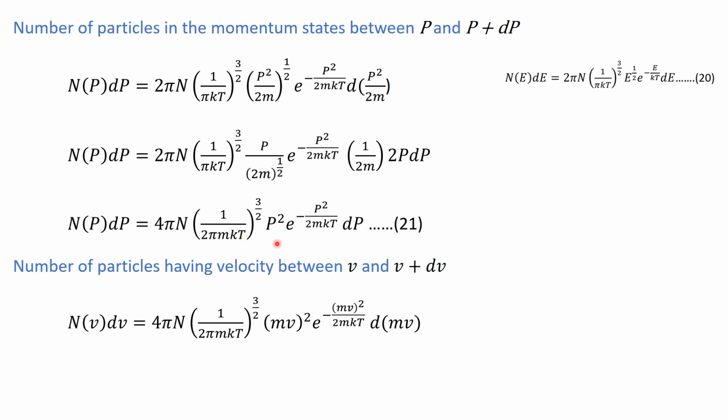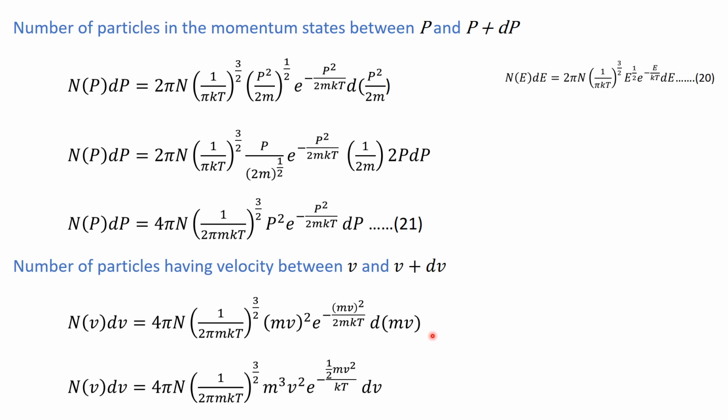Now you can also write a relation for the number of particles having velocity between V and V plus dV. Here you have P square, so this is (mv) whole square, and P is mv.